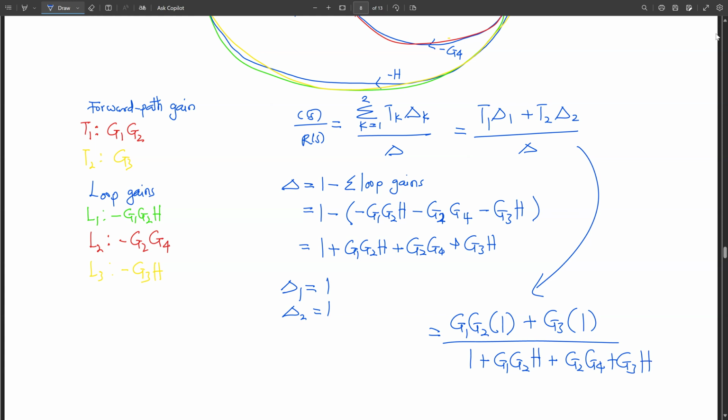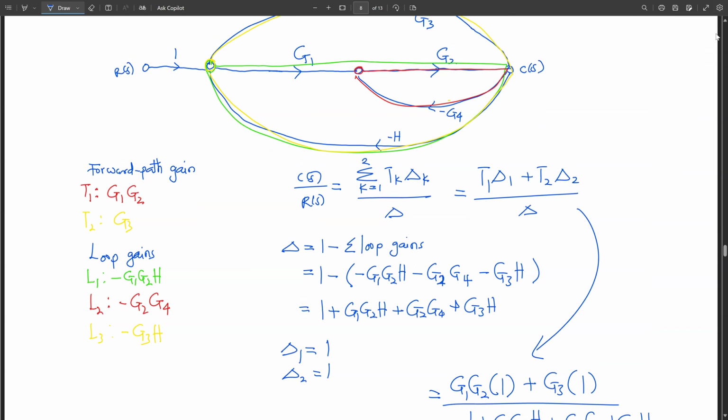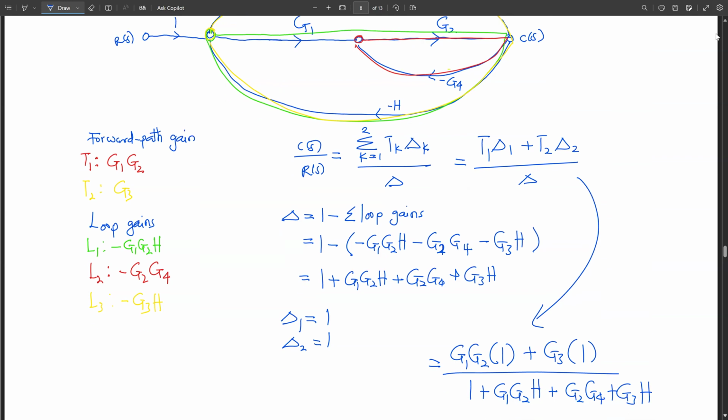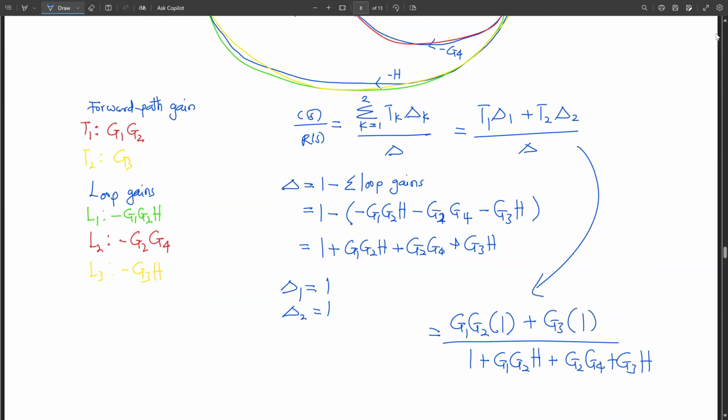Now it has come to my attention that while we were solving for the block diagrams, reducing the block diagrams to a single transfer function, I did not include the H. I made H here 1, right? And thanks to Lily Manti for pointing that out. So you can actually see that if you watch that video, I did not bring H here because I assumed the H to be 1 because when I was drawing the whole thing, I made that part 1.